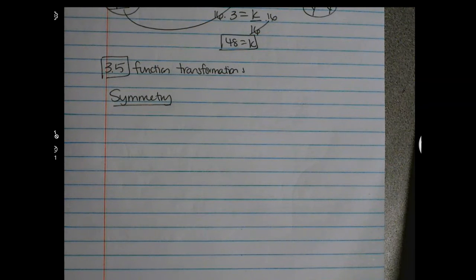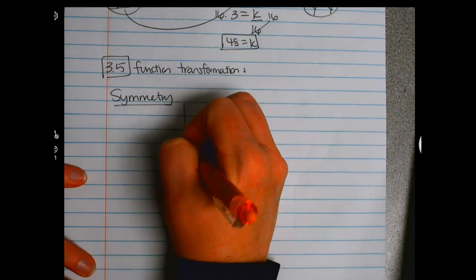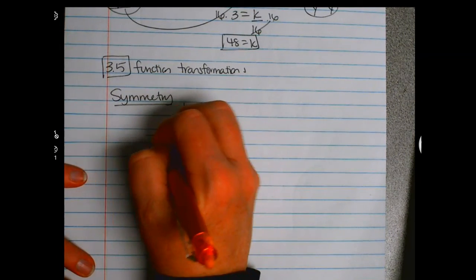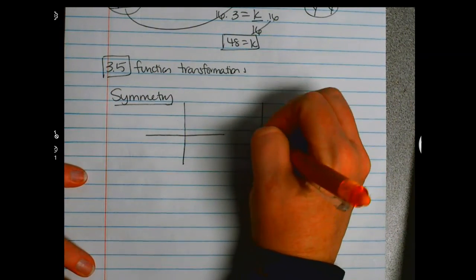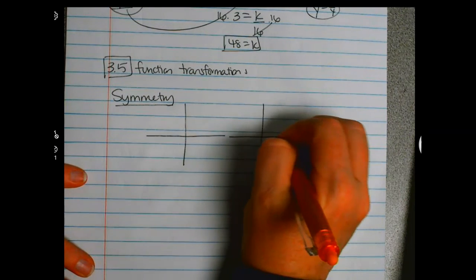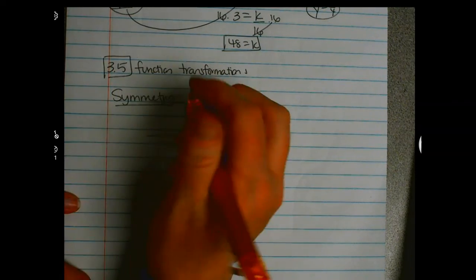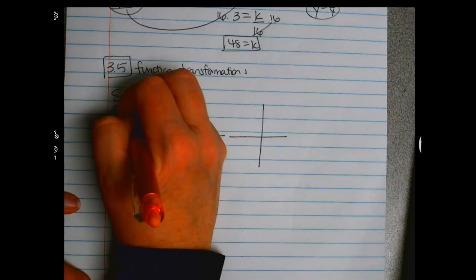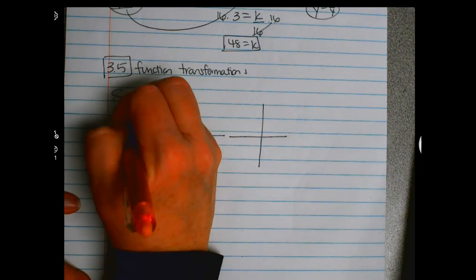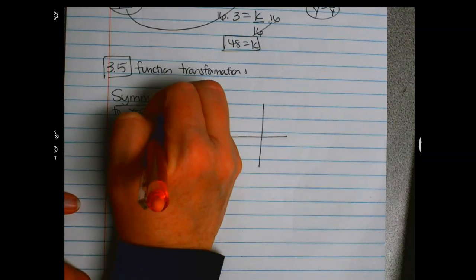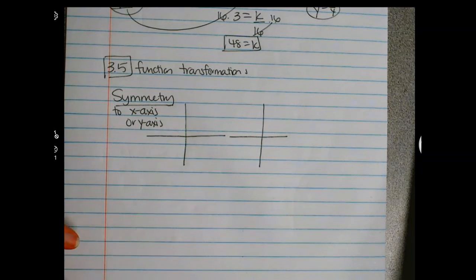Not like a parabola that's anywhere being the same, but specifically we have three versions of it. Wait, isn't a parabola symmetric? It is symmetric to its own axis of symmetry. In this case, we're talking about symmetry to either the x-axis or the y-axis. So we're being very specific.